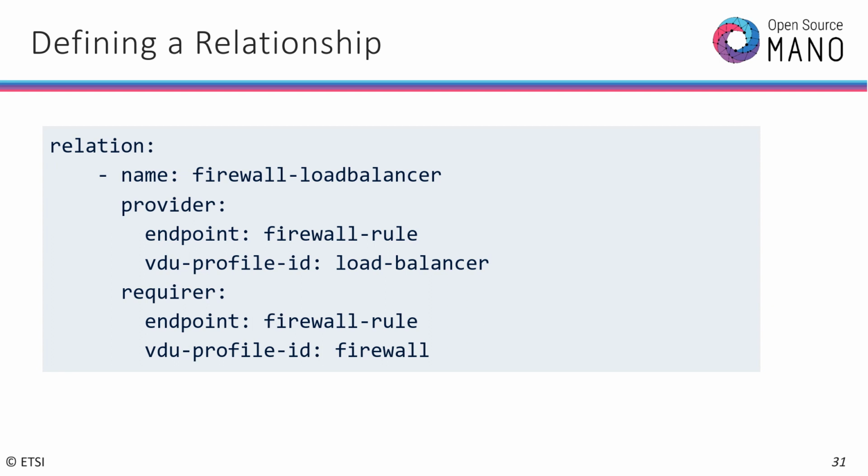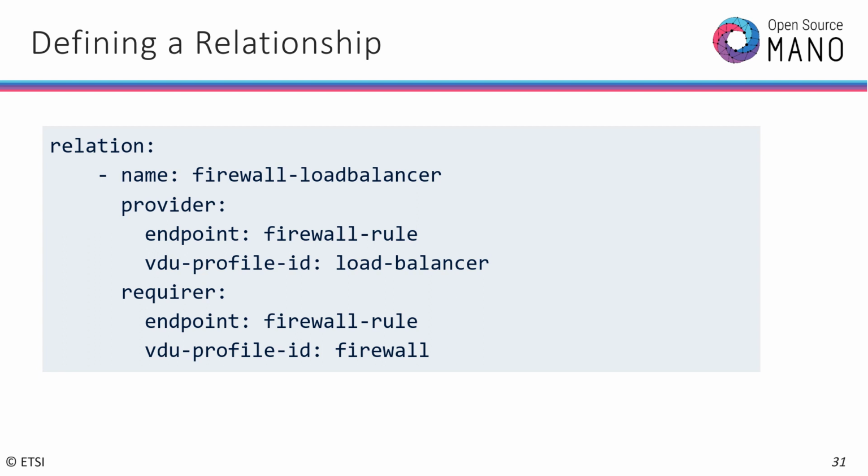And as part of the network service layer, which pulls all of these virtual network services together, we say, okay, at the network service, we need to have a couple different things deployed, and we want to relate them. So I've just given this relation an arbitrary name of Firewall Load Balancer.